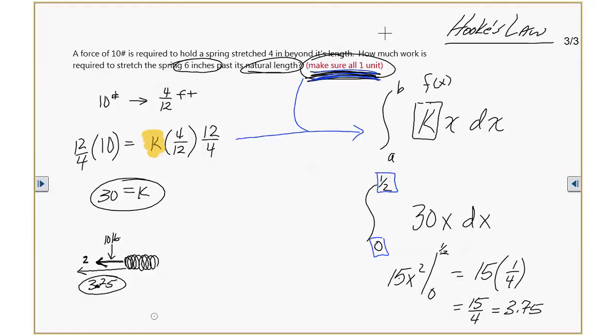All right, let me give you another problem. That would be a good reference.